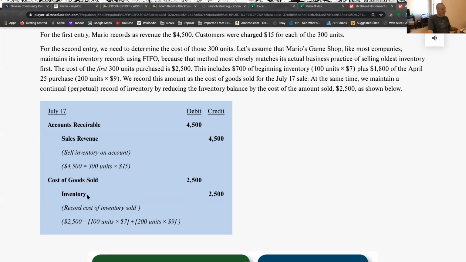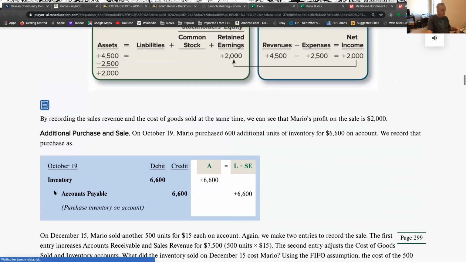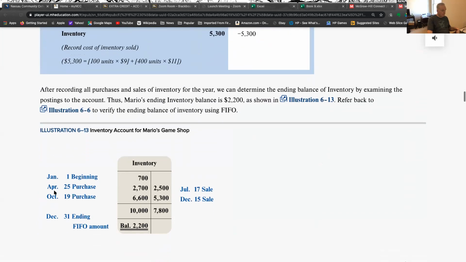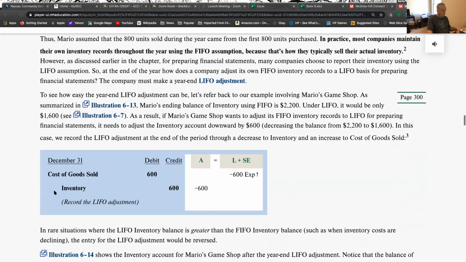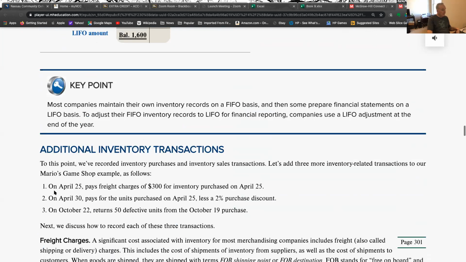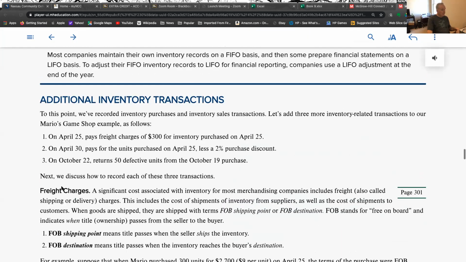So when you make a sale now, you have two entries to make: debit accounts receivable, credit sales, debit cost of goods sold, credit inventory. Okay, I am not liking this example they have here.